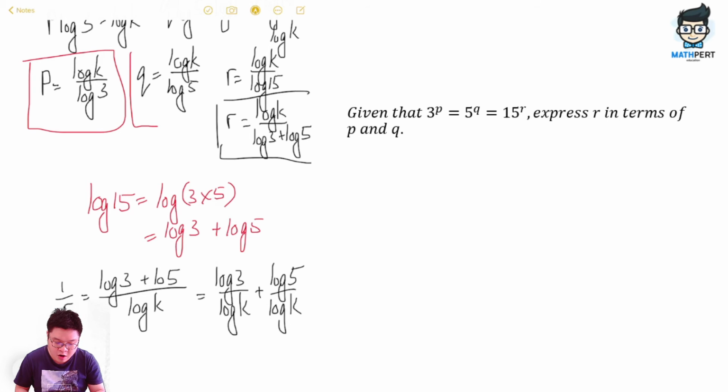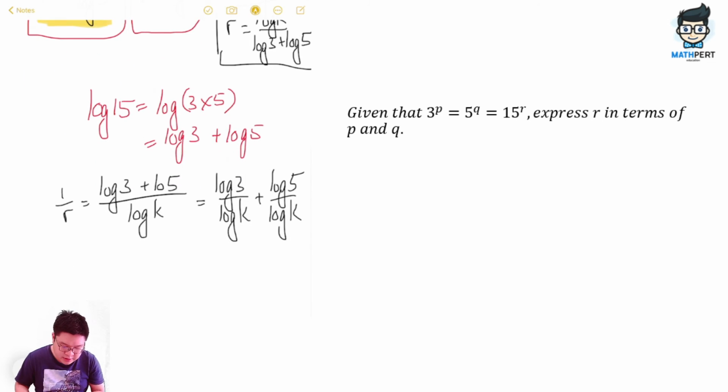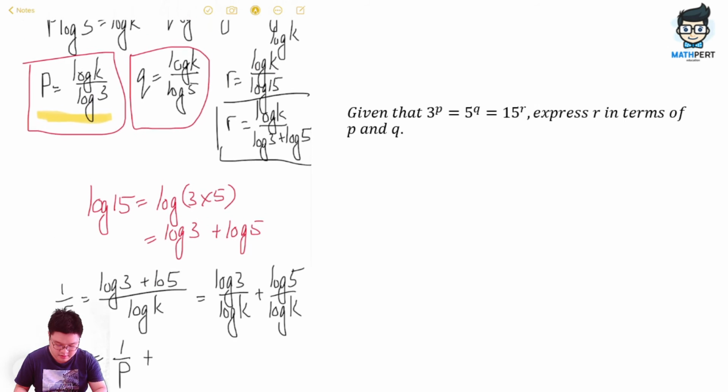Okay, we know that log k over log 3 is equal to p, and log k over log 5 is equal to q. So let's compare this one. Log 3 over log k is this one. We just turn it upside down, right? So we can say that 1 over r is equal to 1 over p plus log 5 over log k.